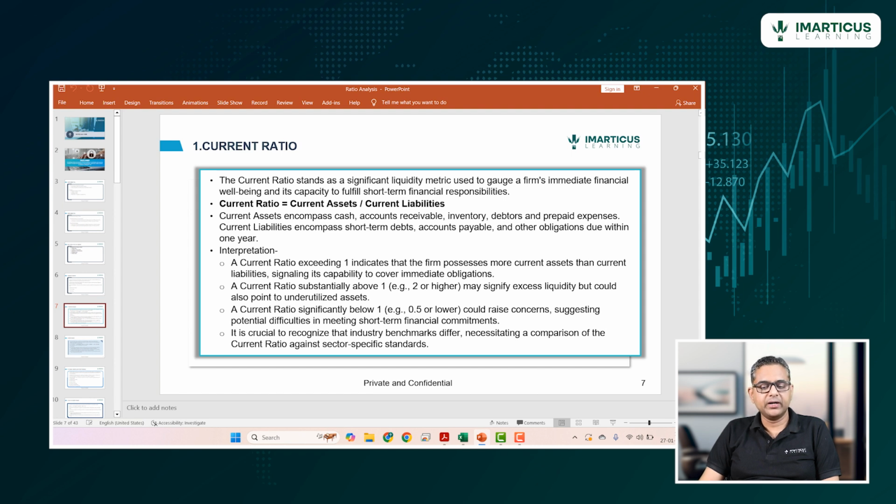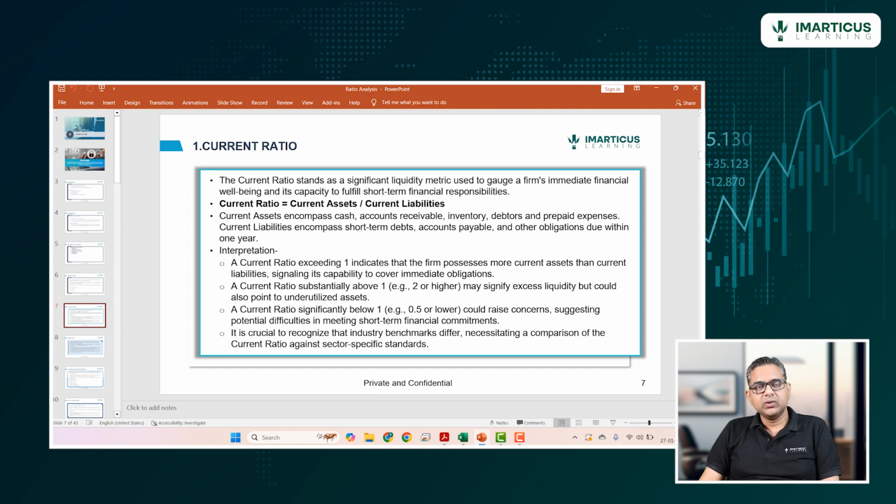So, how do we interpret it? As we discussed, a current ratio exceeding 1 indicates that the firm possesses more current assets than current liabilities, signaling its capability to cover immediate obligations through its current assets. A current ratio substantially above 1, for example, 2 or higher, may signify excess liquidity, but could also point to underutilized assets, right?